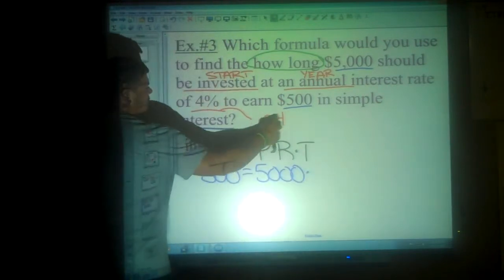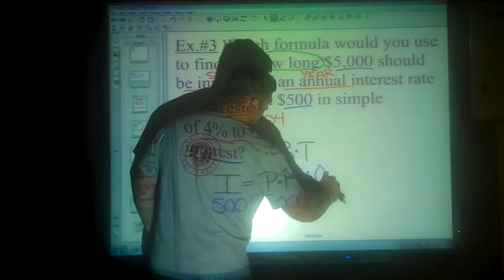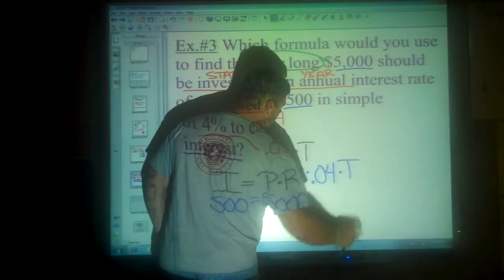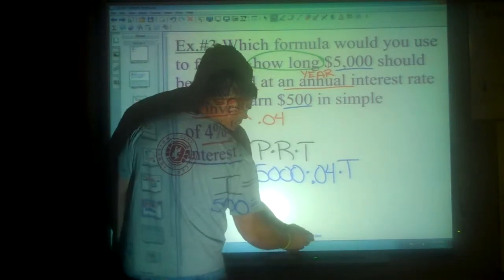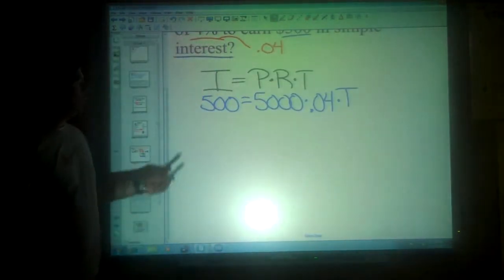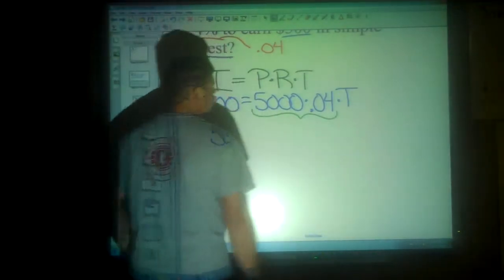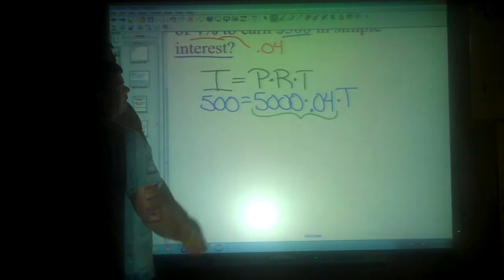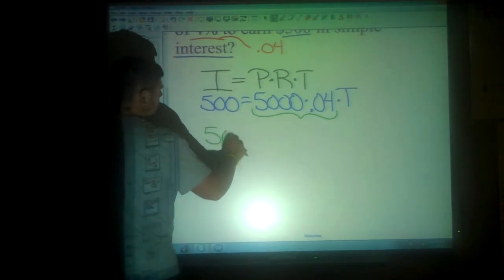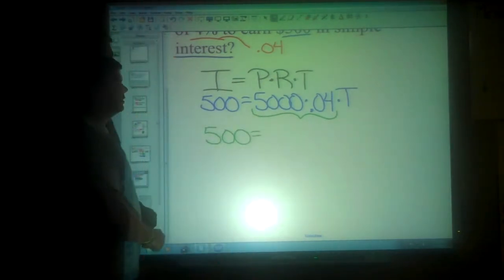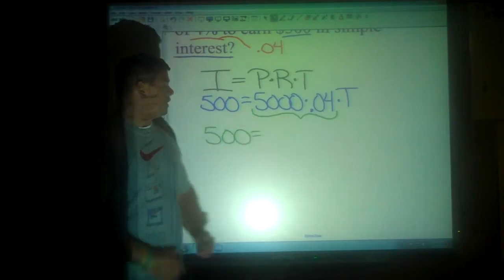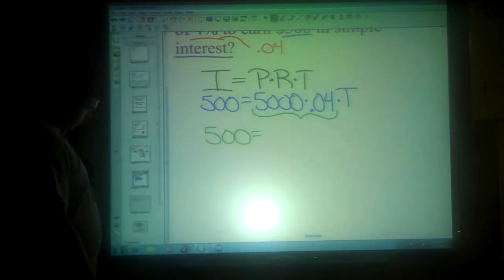The rate is 0.04. The time we do not know. So we multiply. This value right here can be simplified. We should be able to multiply those two. 500 is equal, now we got to figure out what 5,000 times 0.04 is.